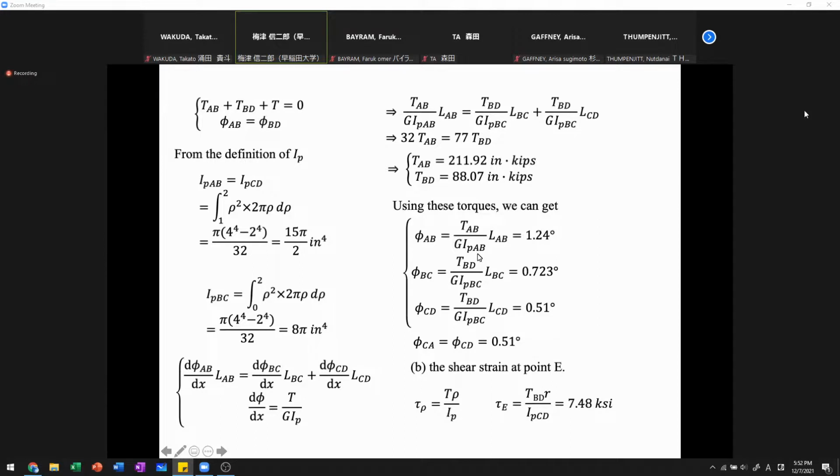And so TBD should be used. And φBC equals TBD/(G·IPBC) times LBC, and the value is 0.723 degrees.